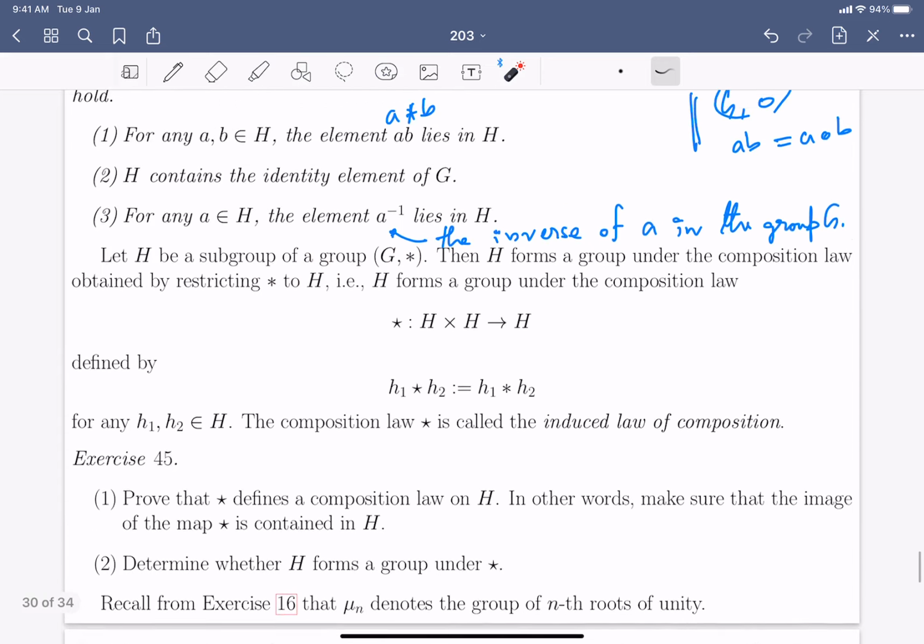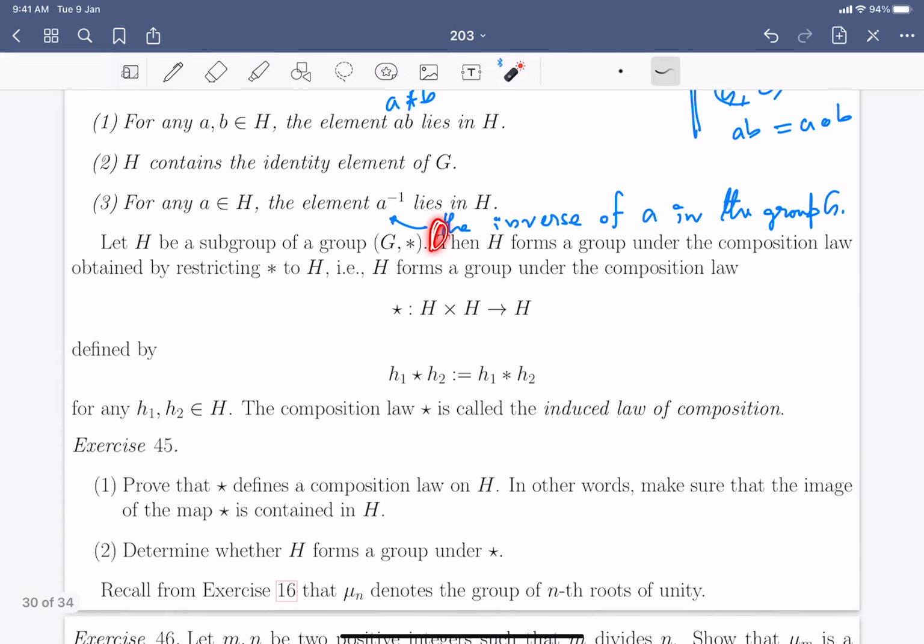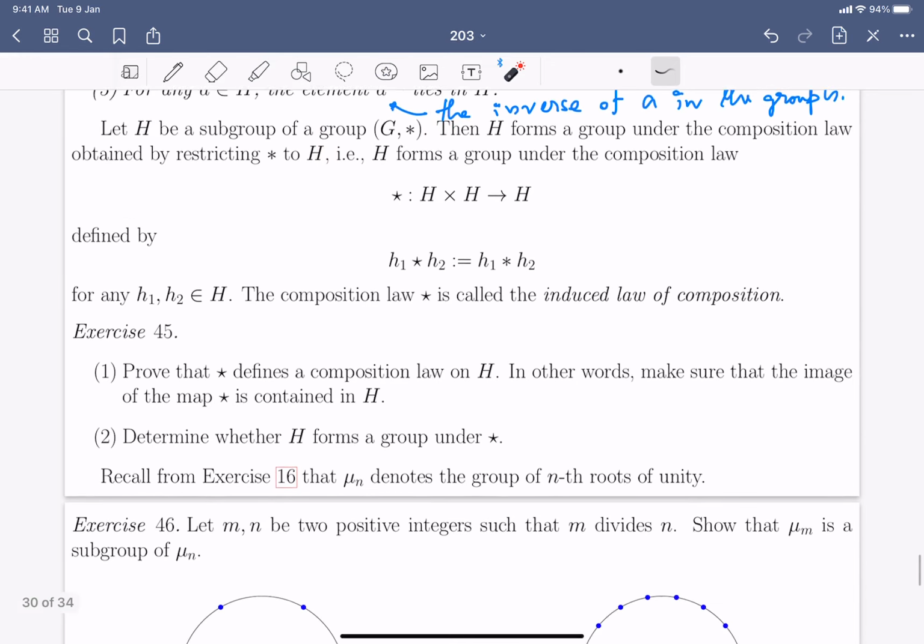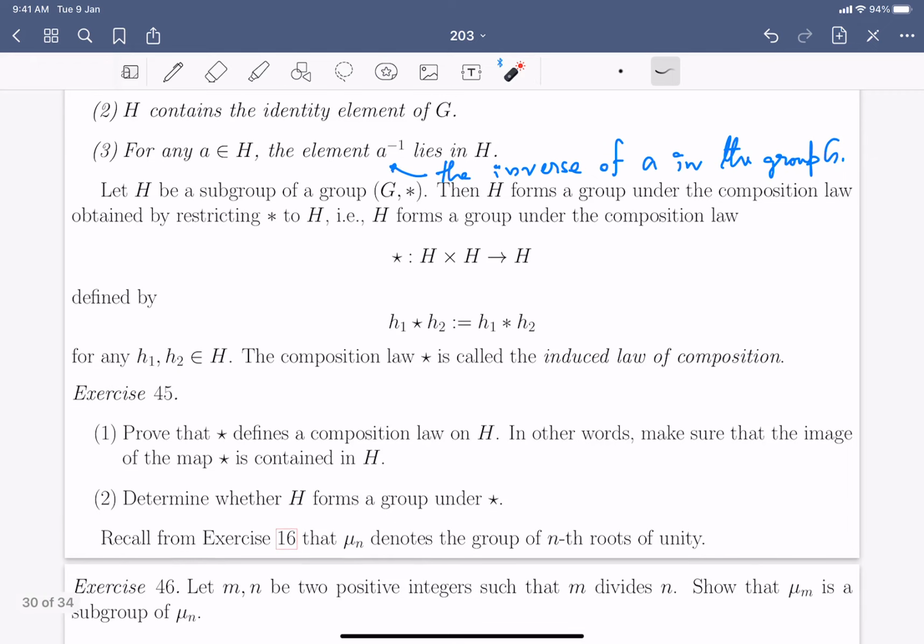Great. So now the task is to establish this claim. This is an exercise for you, to show that the statement is valid.